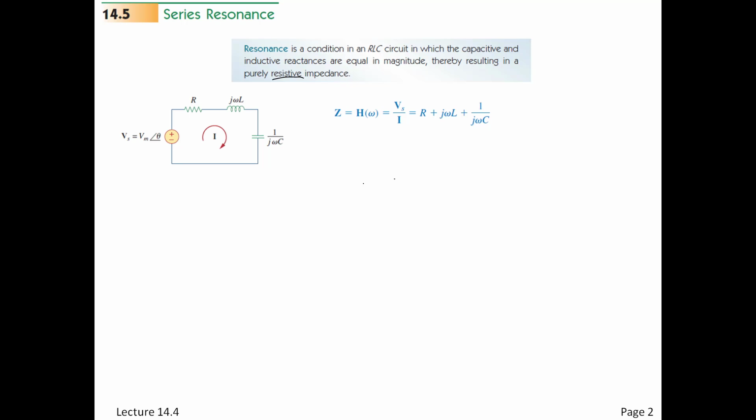Simple, straightforward. That's R plus jωL, 1 over jωC. And this is the term we're going to want to drive to 0. So let's isolate it. Here's the resistance plus the imaginary term.